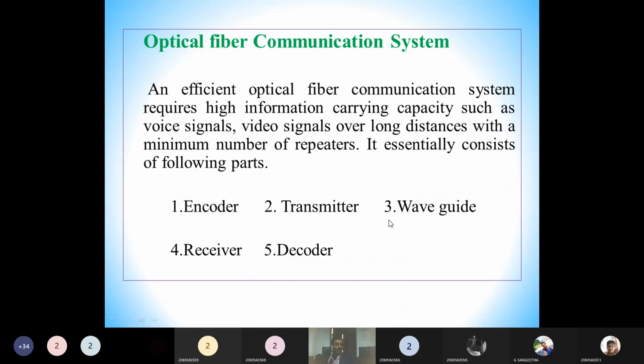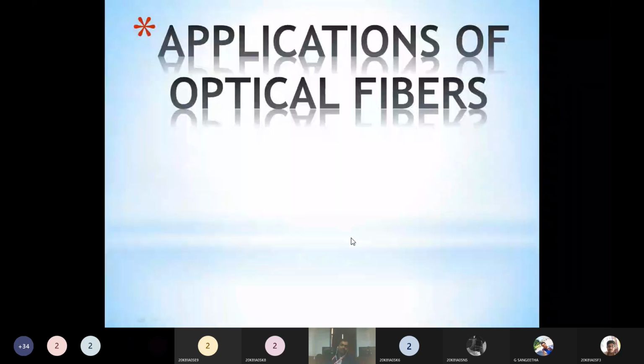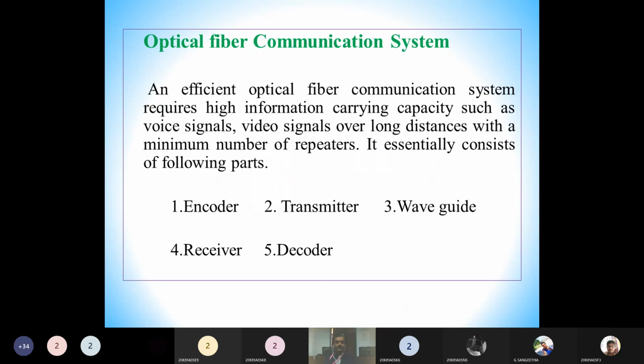Now we will discuss the applications of optical fibers. There are many applications. First of all, we will discuss communication systems. What are the applications in communication systems?